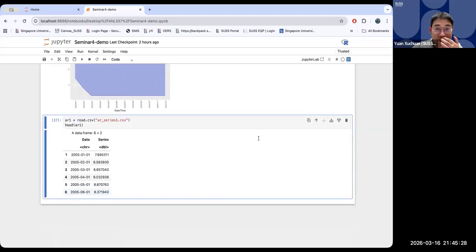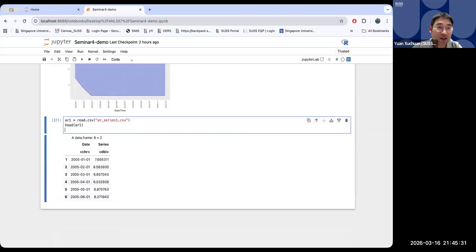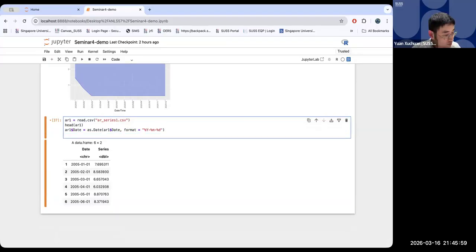Okay, so this is the time series, and I will continue with the date, change the date, AR1, and make it a time series.